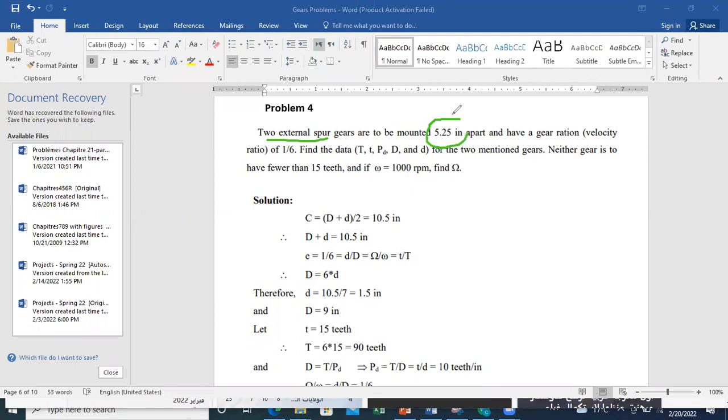So the first equation that we can write is that the distance between our centers, C, is given to be 5.25 inch.